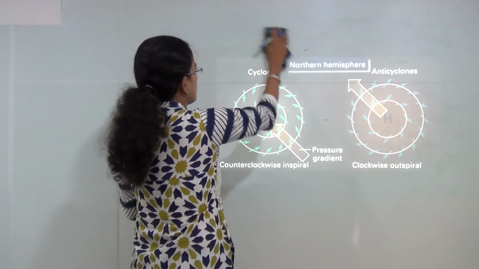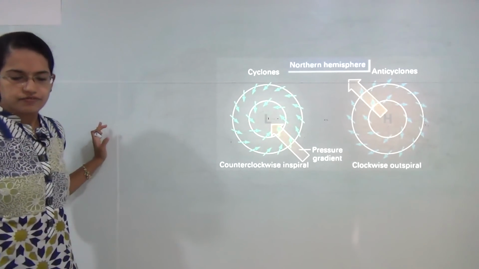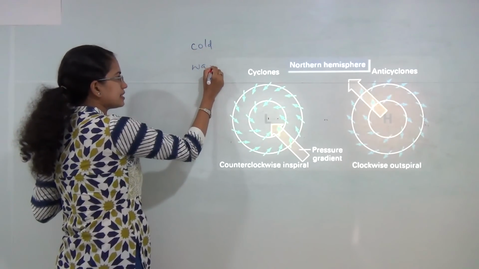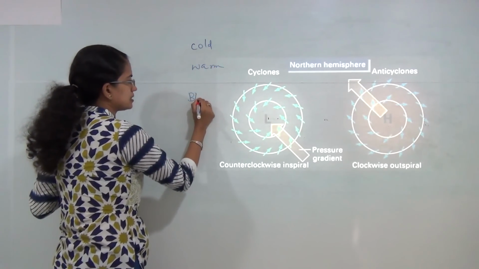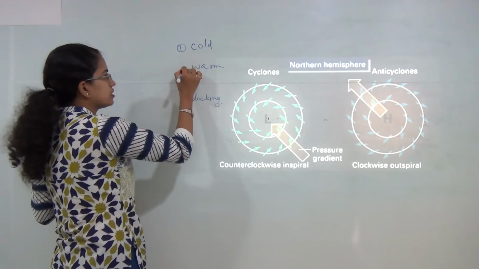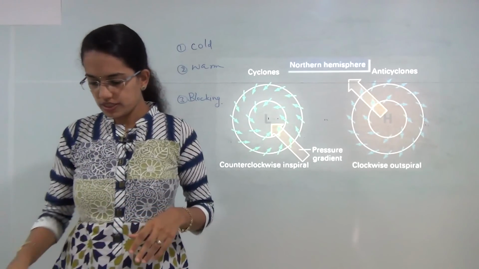Now when we talk about the types of anticyclones, we can classify them as cold anticyclones, warm anticyclones and blocking anticyclones. So these are the three basic categories: cold, warm and blocking. Now what does cold stand for?